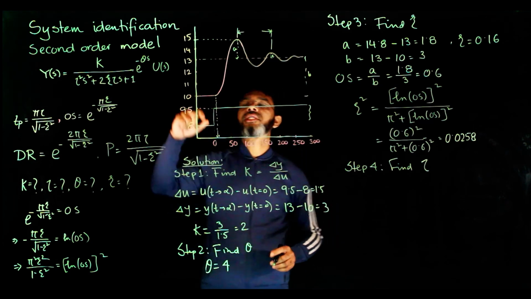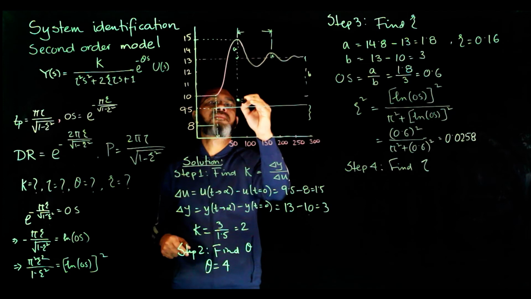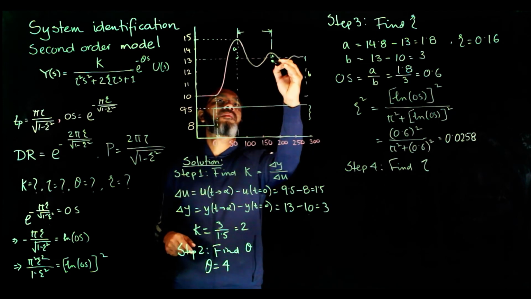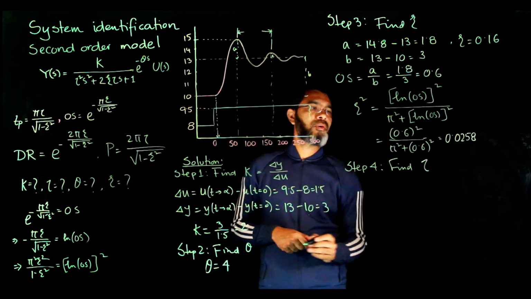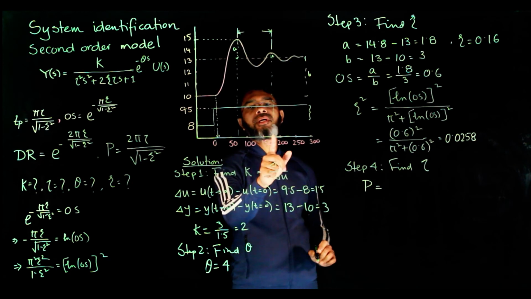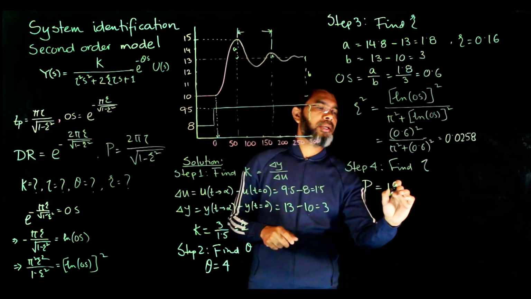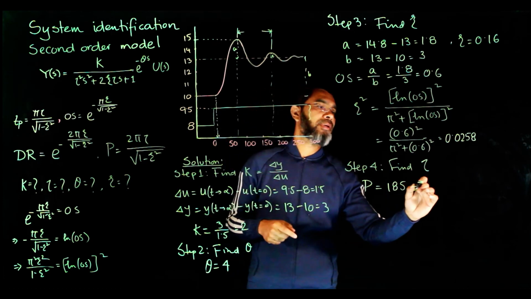The period of oscillation, if we take this time, to find tau, we'll need P. So the P here is sometime around 185 minus this time around 75.